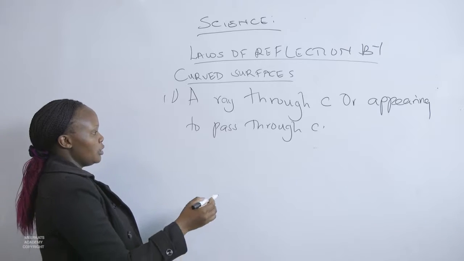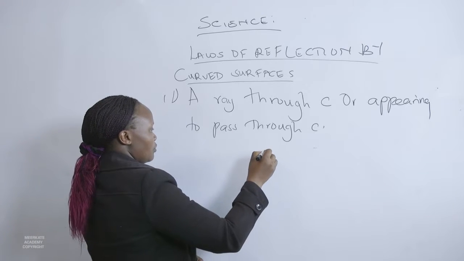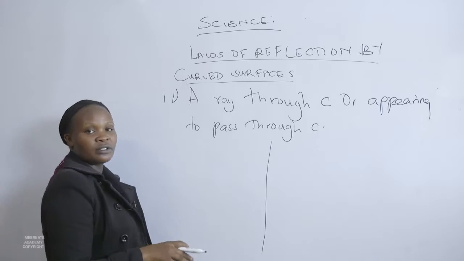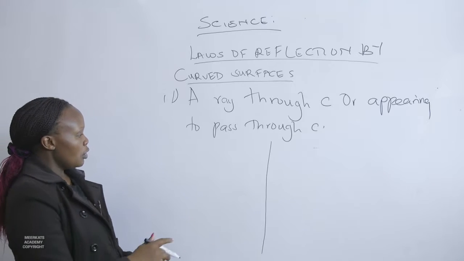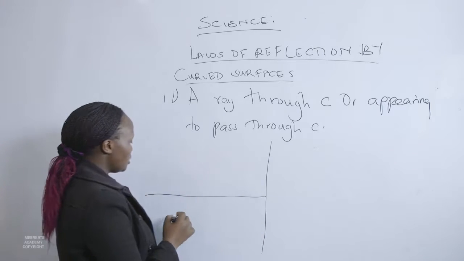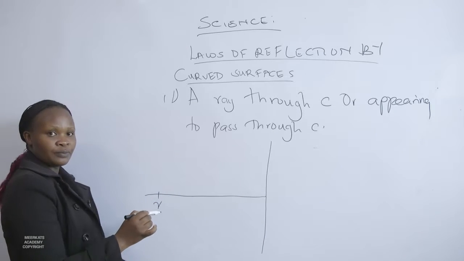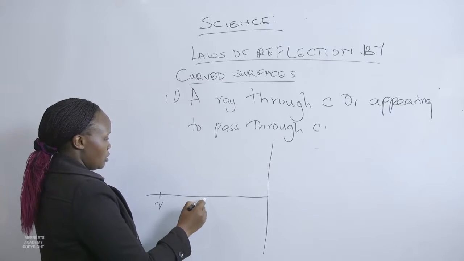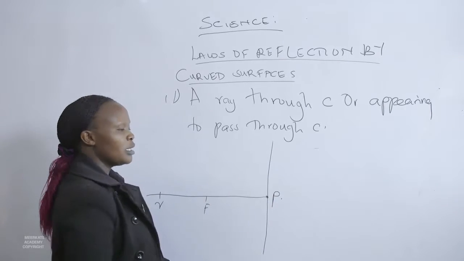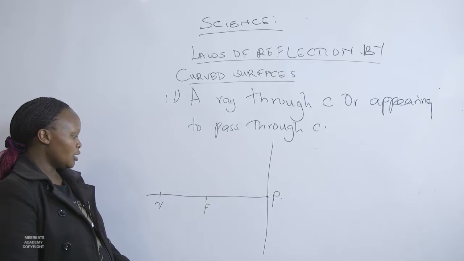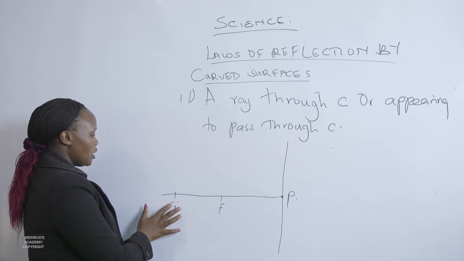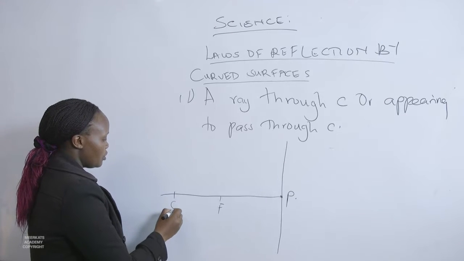Remember, if, for example, we consider the case of a concave reflector, we have the principal axis, and here we have our R. Here is where we will have our focal point, and here we shall have P. C is also called the radius of curvature, or we can even call it the center of curvature.